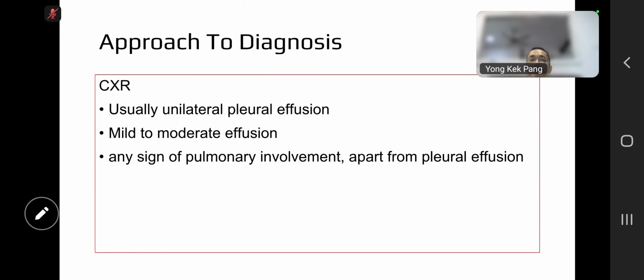Okay, and pure pleural TB, because it's a local problem, is usually a unilateral pleural effusion. The effusion usually is not massive, mild to moderate for most patients. And then, of course, we would like to find out whether there's any pulmonary involvement apart from the pleural effusion.